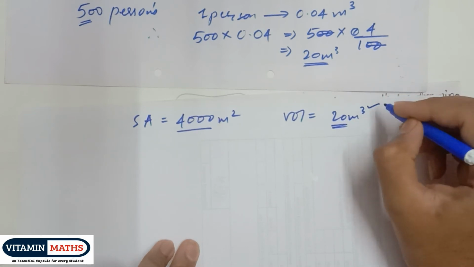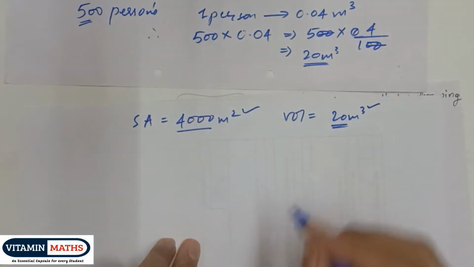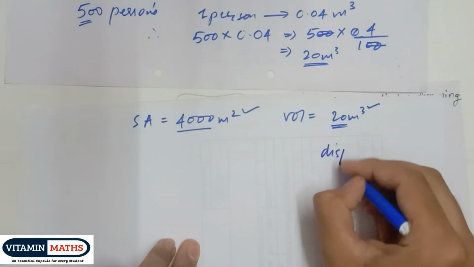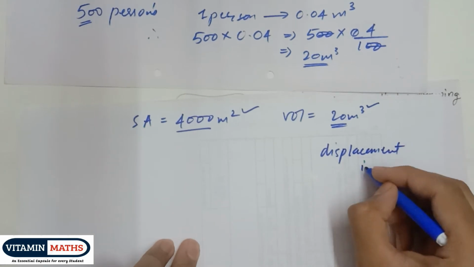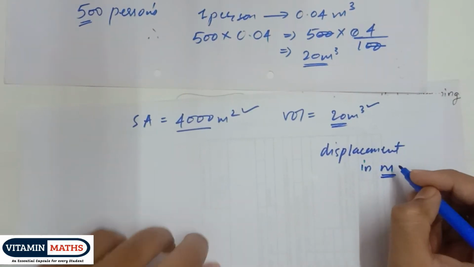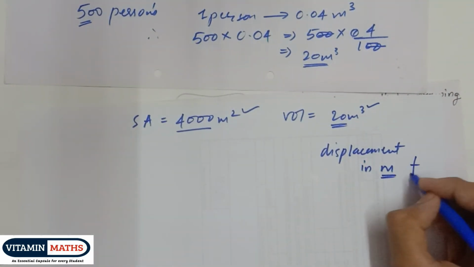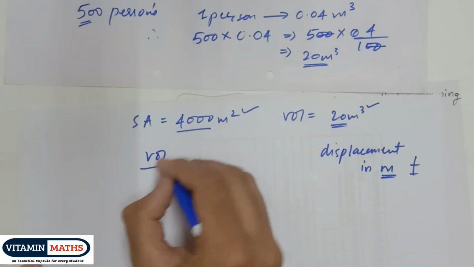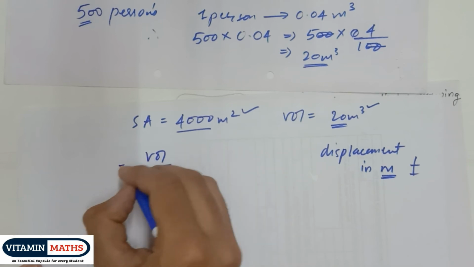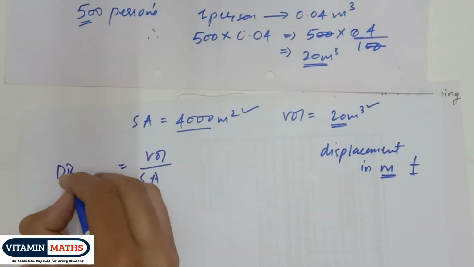This is meter cube, this is meter square. I want displacement in meters, since this is the height. So volume divided by surface area will give me the displacement.